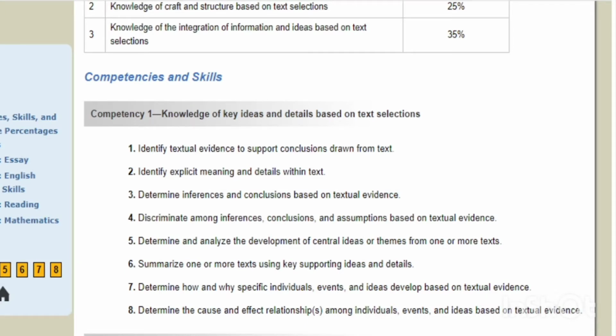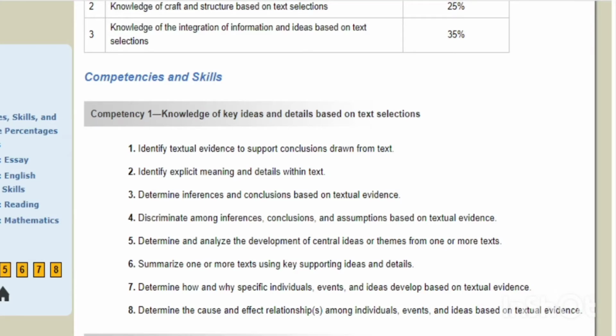By knowing the competency, you are looking over what you need to know for the exam. This is only a video to go through the basics with you. It's going to help you to know what a conclusion is, what textual evidence is, what an inference is, I should say. Sorry about that.